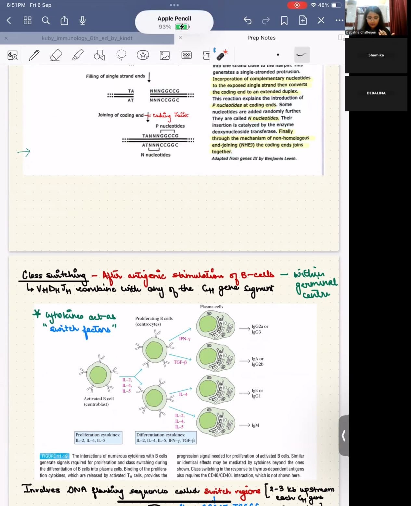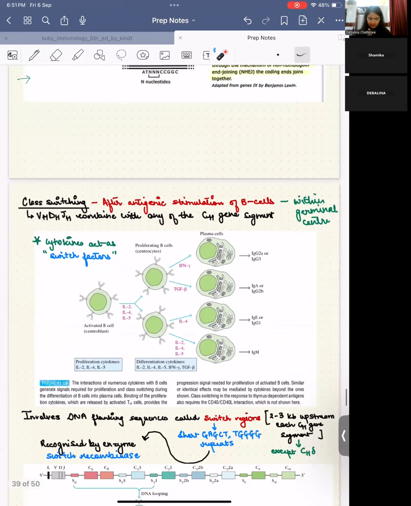This is now followed by what we discussed about class switching. We also discussed this diagram. There is another region. So we read about the VDJ regions. We have read about the RSS sequences. Now we will come to something called a switch region, which is specific to the constant region.